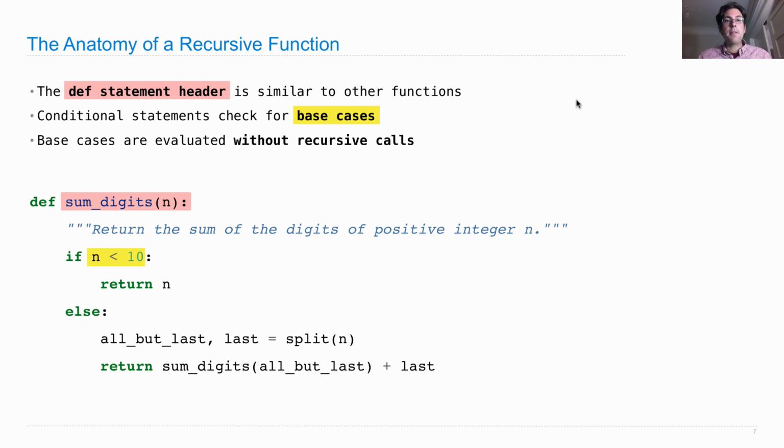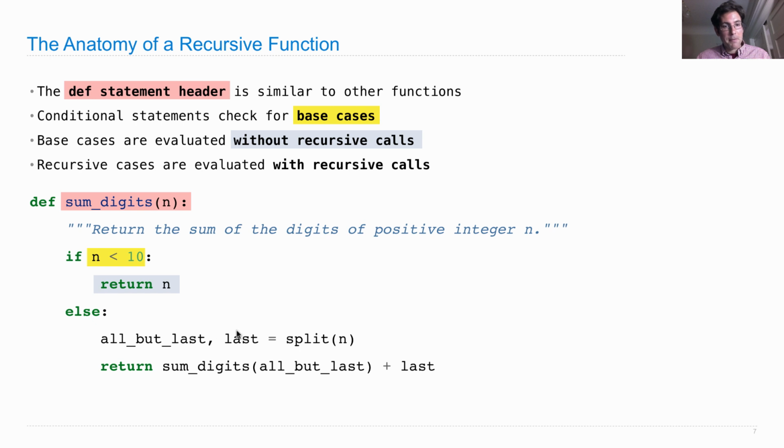So base cases are evaluated without recursive calls. They can usually be computed directly, such as just returning n in this case. Now, if we're not in a base case, meaning this is not a very simple problem but something more complex, where n has multiple digits, then we'll have a recursive case. And recursive cases are evaluated with recursive calls.